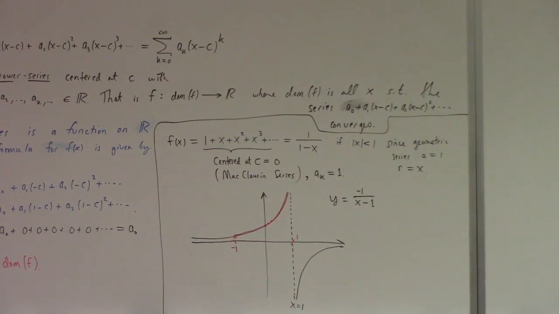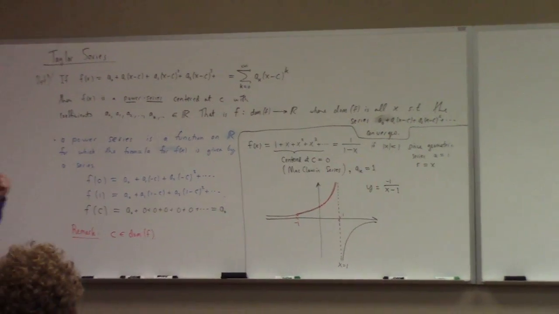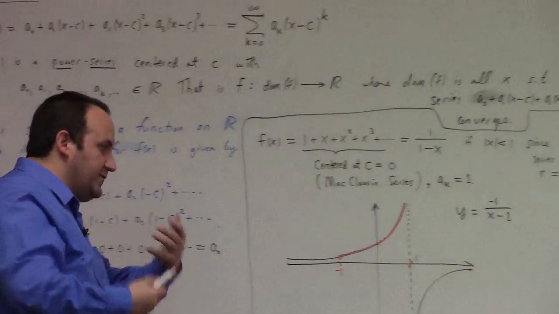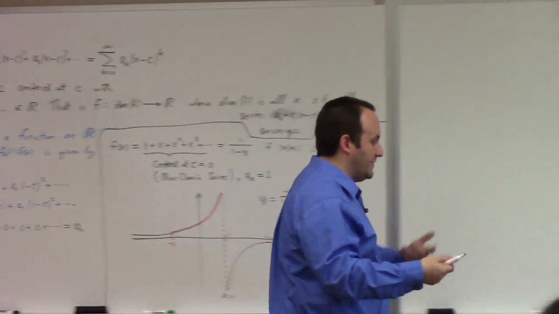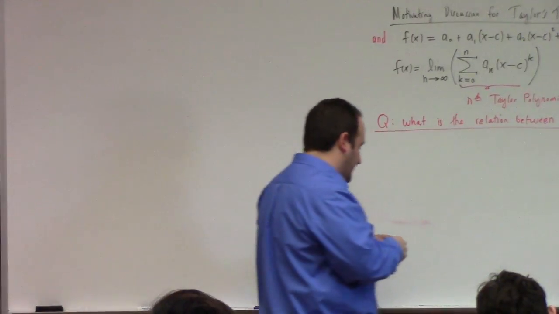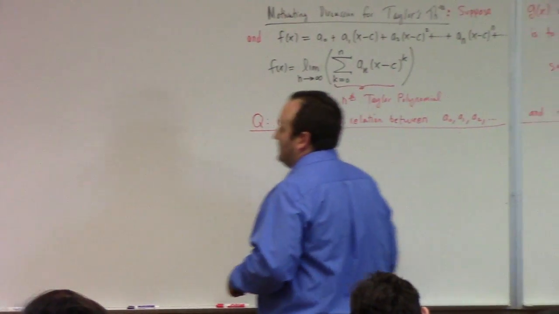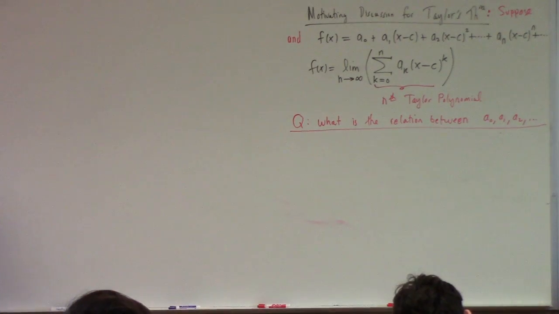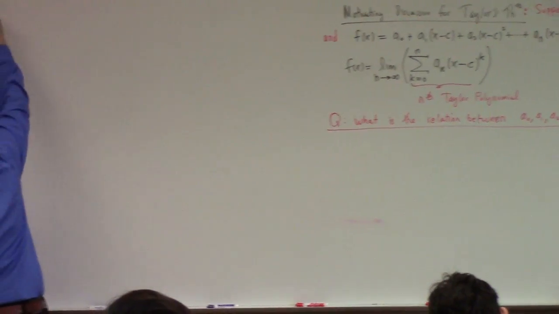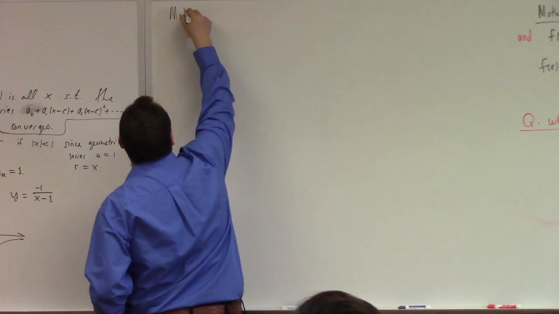All right, so let me try to set up this discussion about replicating a function with a power series. Let's try to have that discussion more systematically, all right? So this is the motivating discussion for Taylor's theorem. I'm going to write it again over here, motivating.